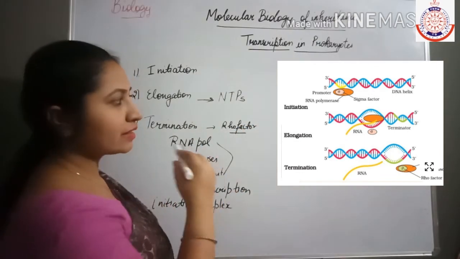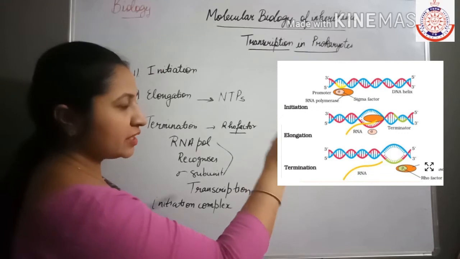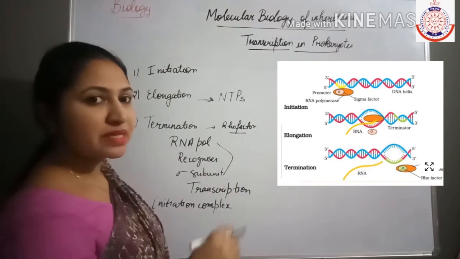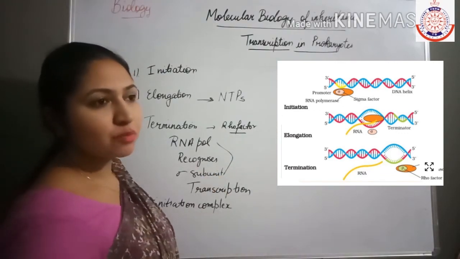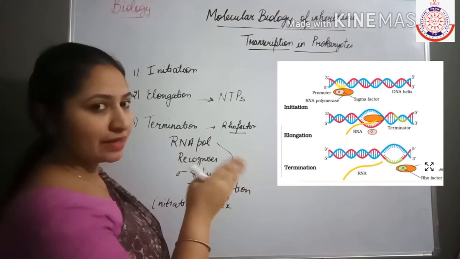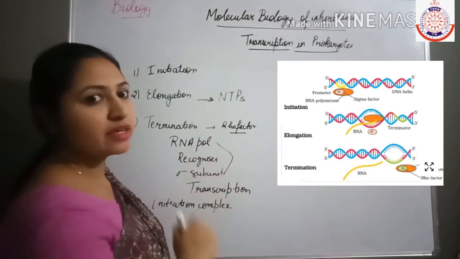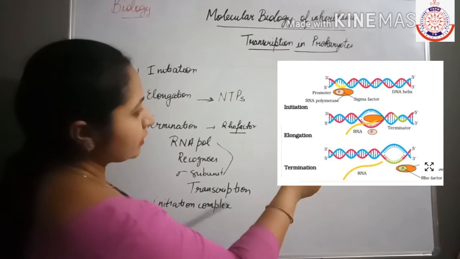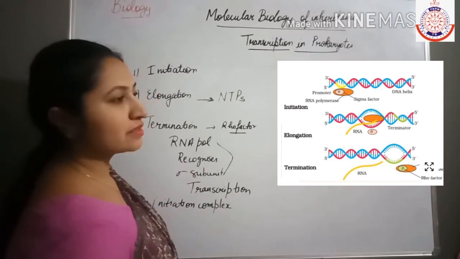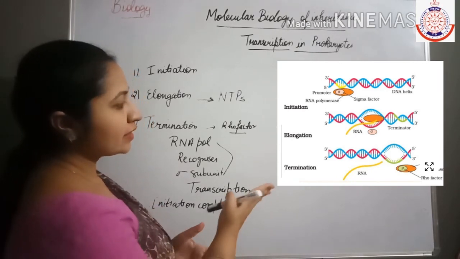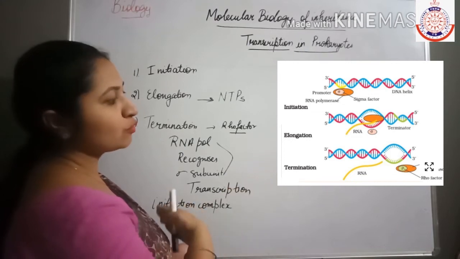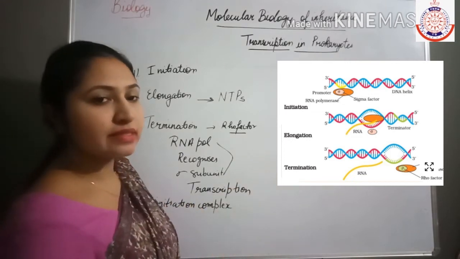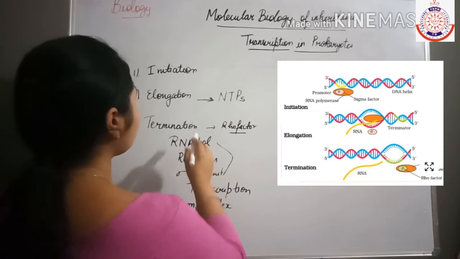So when the RNA polymerase reaches the terminator region, the rho factors will bind with it, and the RNA chain will get separated from the DNA helix, and this is known as the termination.